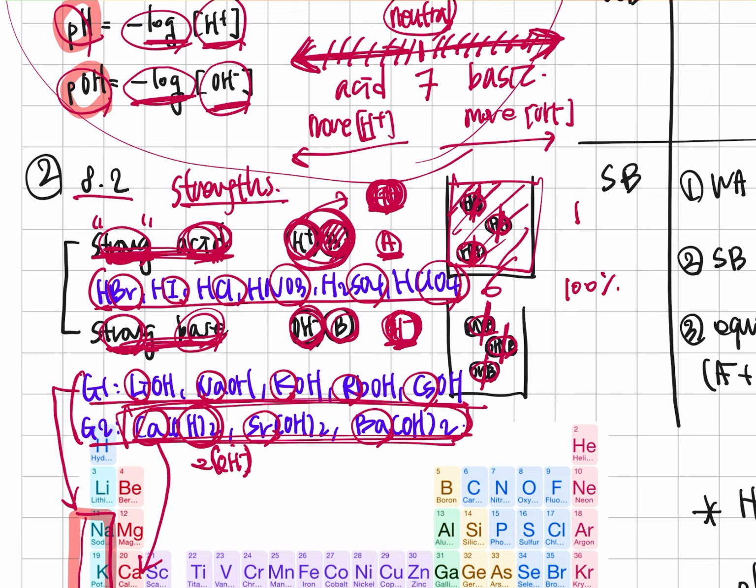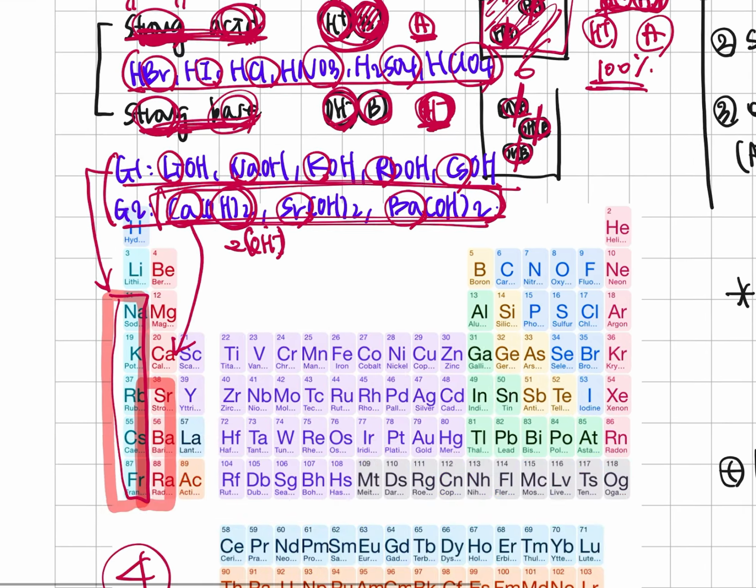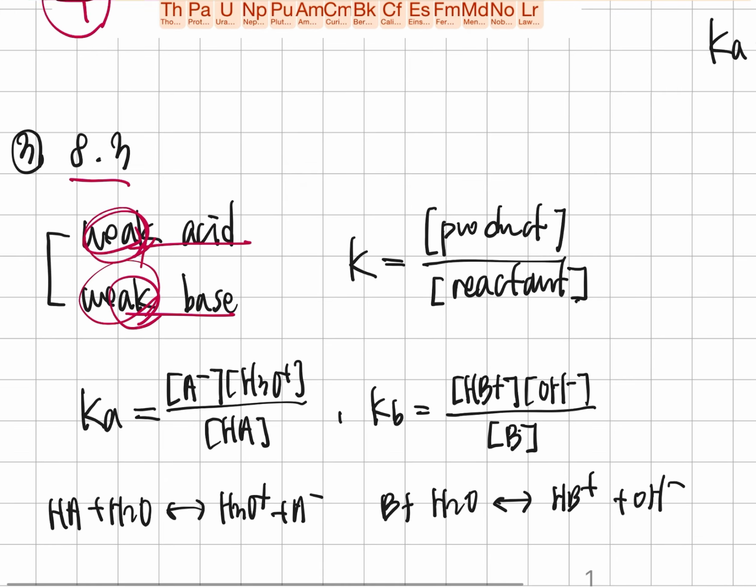Say H plus and A: if this is a strong molecule, and there are multiple of these molecules inside the solution, every single one of them is going to dissociate into an H plus ion and an A ion. But in the cases of weak acids and weak bases, because they are weak, they're not very good at separating from each other. Some are going to separate and some aren't.